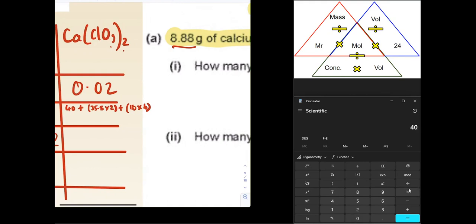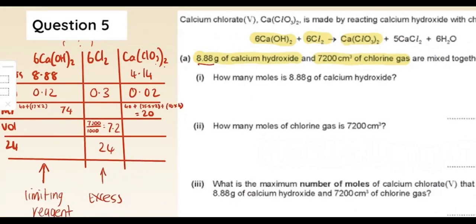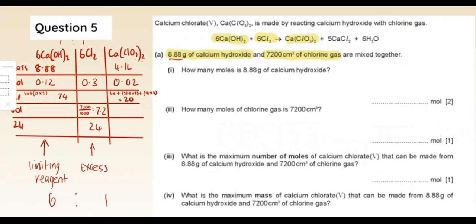So 40 plus, open brackets, 35.5 times 2 plus 16 times 6 equals 207. Now I can times that by the number of moles I've got, which is times 0.02, and that gives me 4.14 grams. So now all I have to do, as always, is take what's in my magic triangle and move it across into my question.